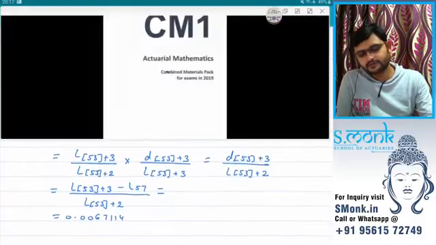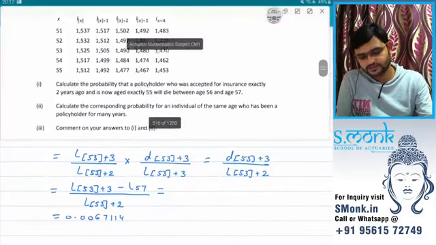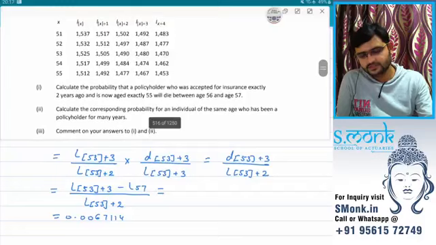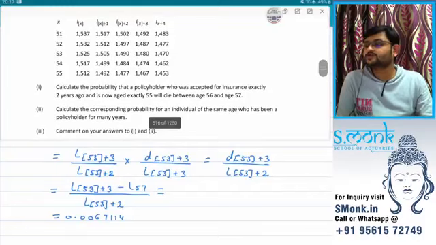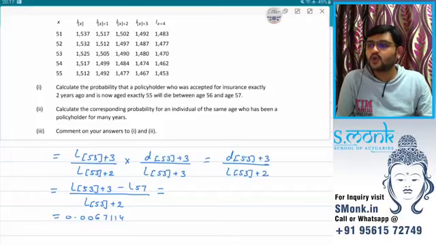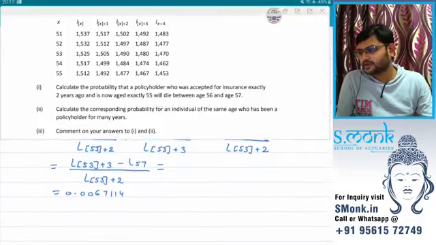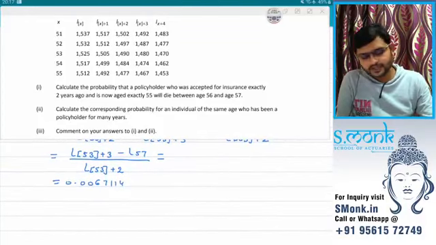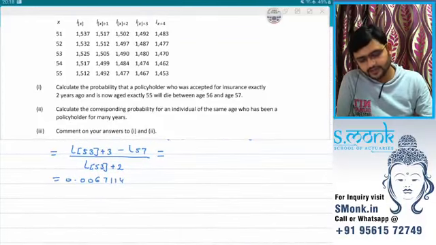What about the second part? In the second part, they are saying calculate the corresponding probability for an individual of the same age who has been a policy holder for many years. If they are saying policy holder for many years, that just means the select period does not matter now. So everything becomes ultimate.